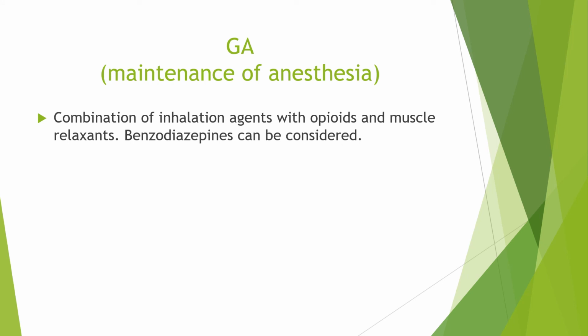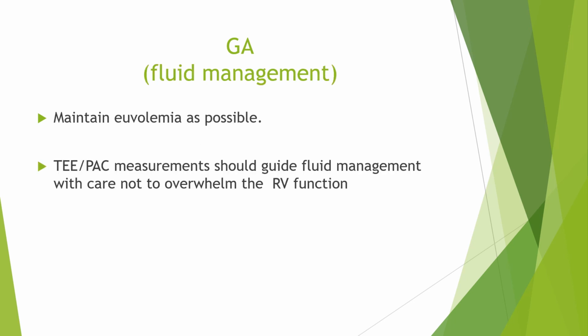For maintenance anesthesia, use a combination of inhalation agents as minimal as possible with opioids and muscle relaxants. Benzodiazepines can be considered, having little depression on the hemodynamics. Fluid management: as much as possible, maintain euvolemia.